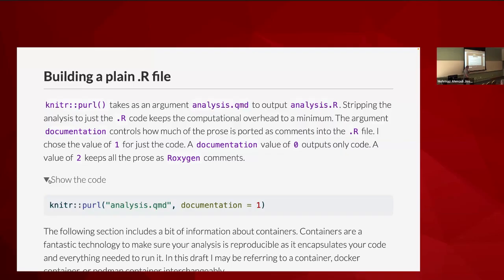And I would like to take the time to talk a little bit about that documentation equals 1. There are three levels if you go 2, 1, and 0. If you go 0, it's just the code. If you do 1, it saves your comments. And if you do 2, it saves all your prose as comments. So it's kind of like the inverse of R Markdown. So you run that.